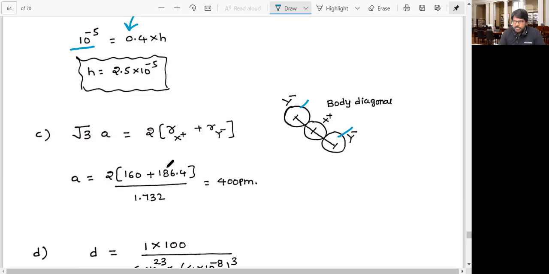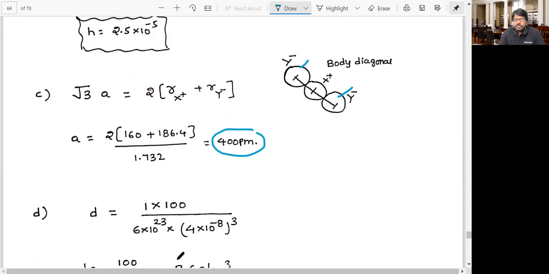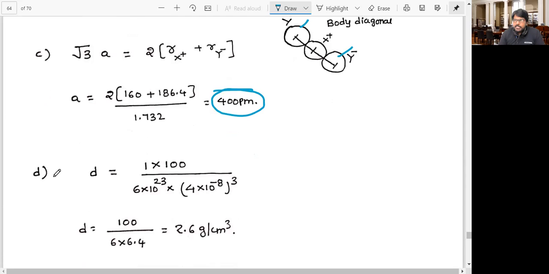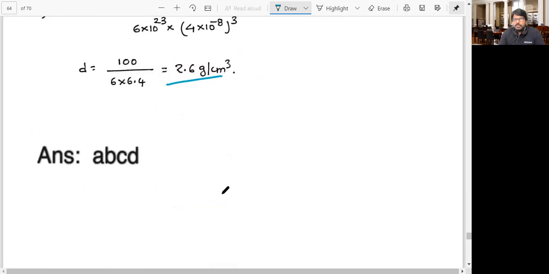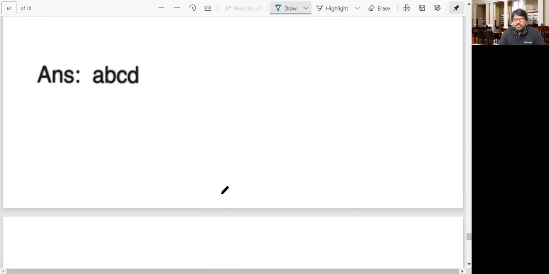This information is given in the question, and you are getting an edge length of 400 picometers. Correct. And can't you find density? What is the Z effective one? What is the molar mass? We got 100. What is the edge length? 400. The cube volume. So you'll be getting density. The density will be 2.6 gram per centimeter cube. So the answer is ABCD.